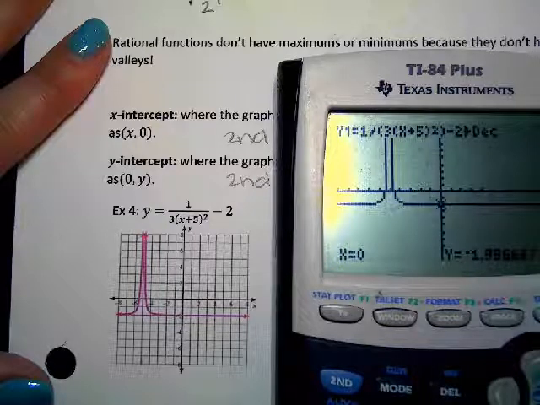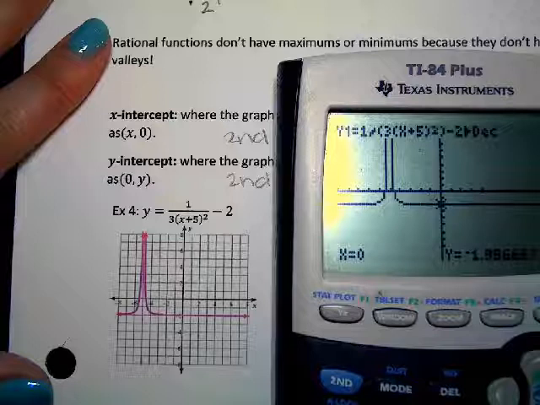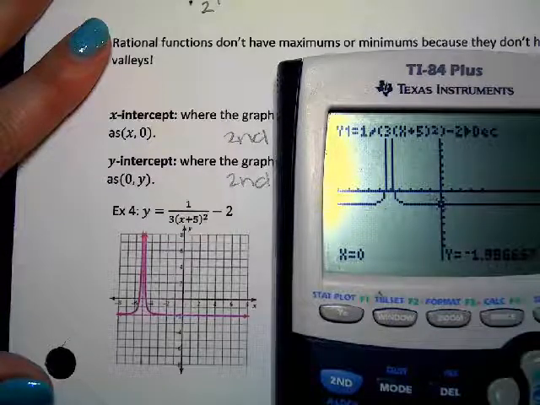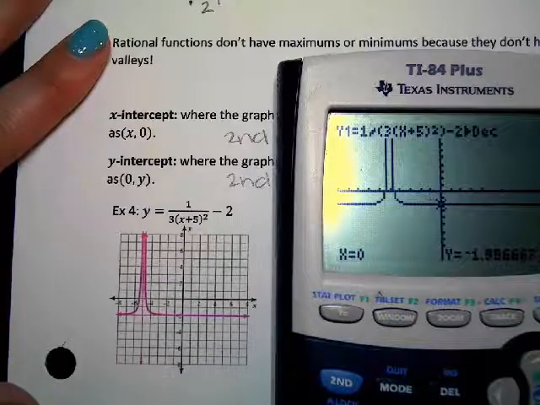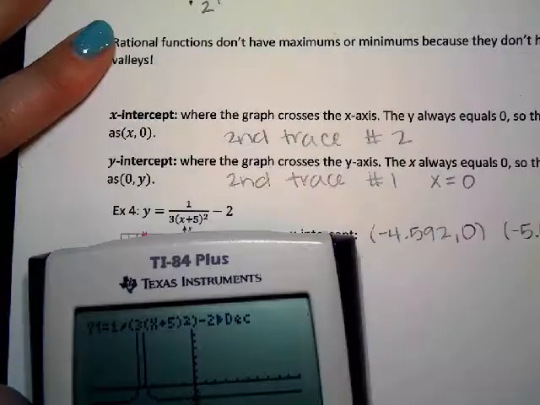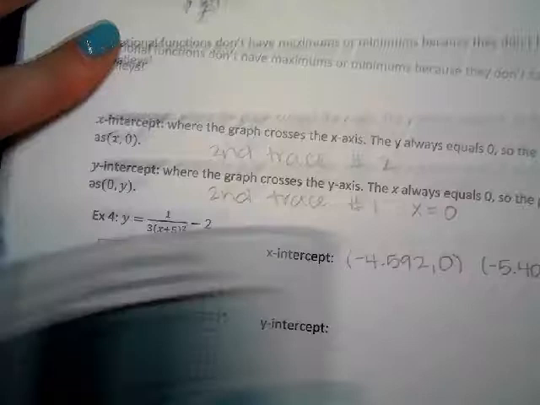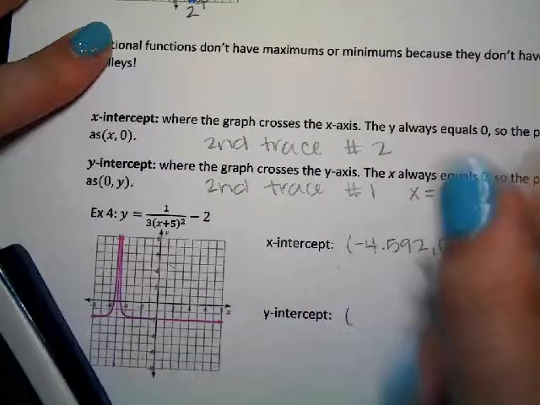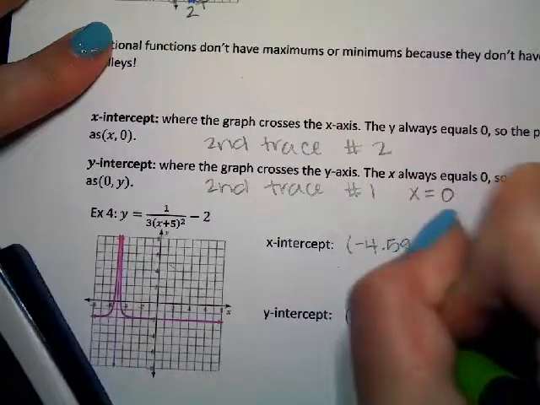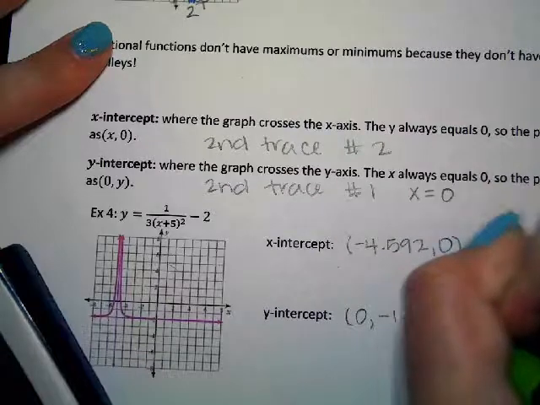That's very strange. Okay, we'll just do second trace then. Second trace, option number 1, and plug in 0. We'll have to do it the other way. So now we've got that our y-intercept, there we go.